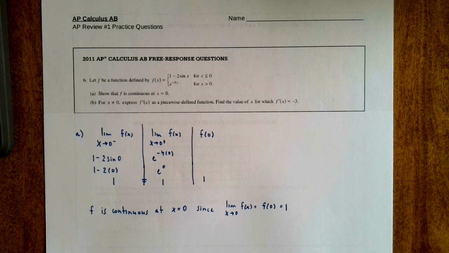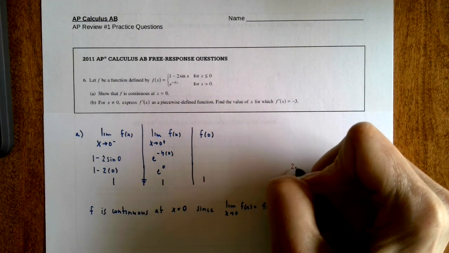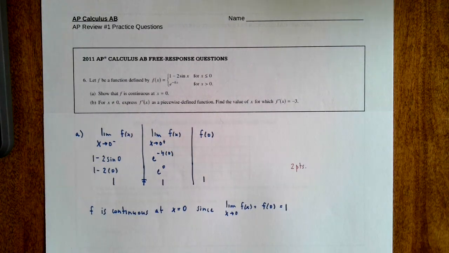So then we've shown that f is continuous. And just so you have an idea here, this was worth 2 points on this exam. And they just grouped that all together for the analysis here with 2 points.